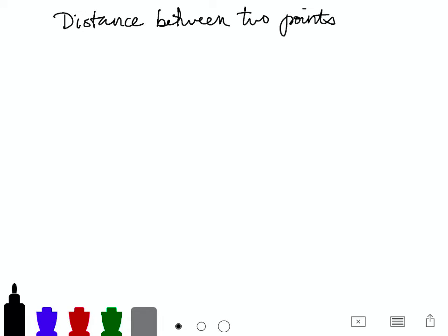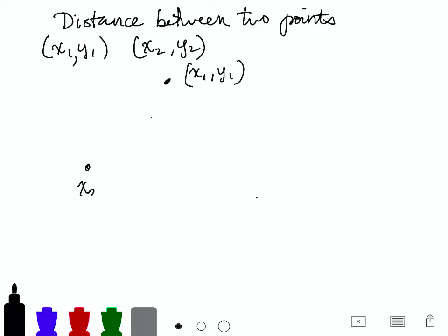So given any 2 points, x1, y1, and x2, y2 on the plane, we simply use the Pythagorean theorem to find the distance between those 2 points. So you have the x1, y1, and x2, y2.